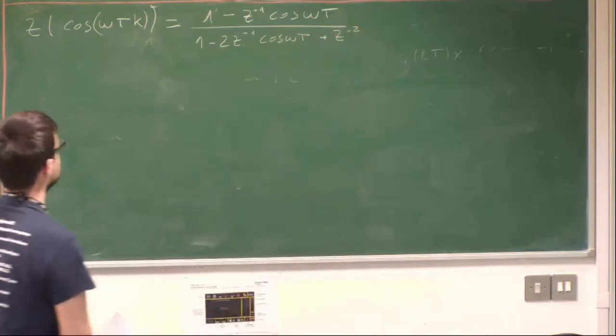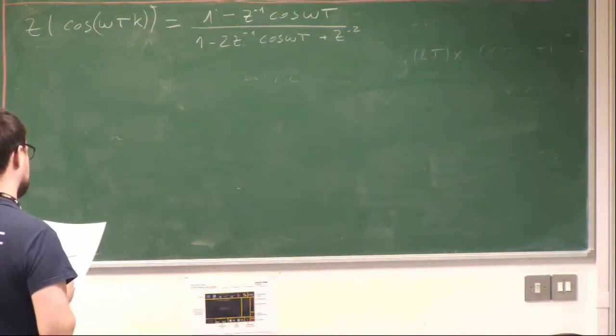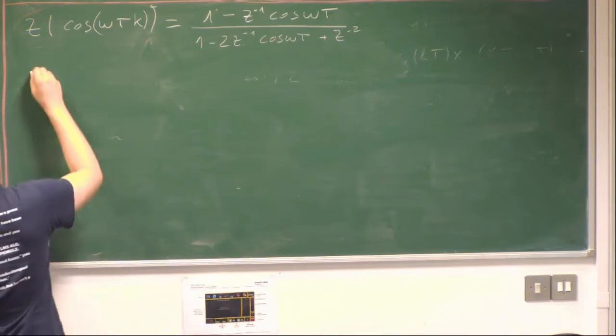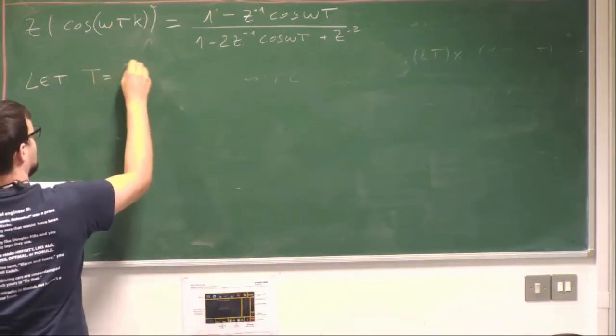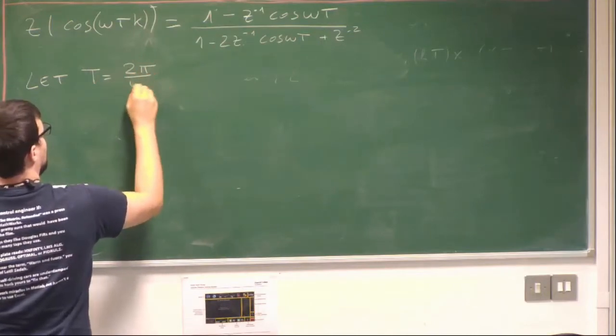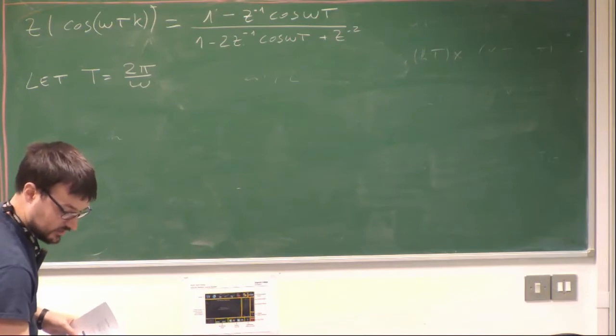Okay, so we saw this Z-transform already. We know that this will be the Z-transform. Now let's set the sampling time as 2 pi over omega. Okay, so we pick this sampling time and we see what happens.